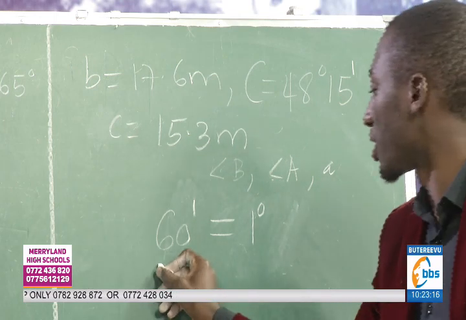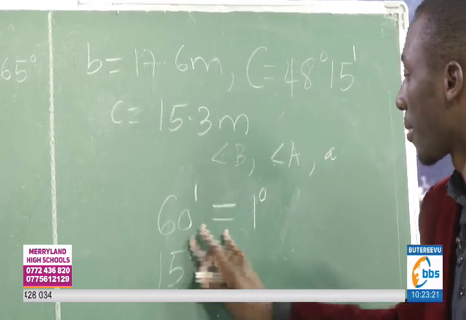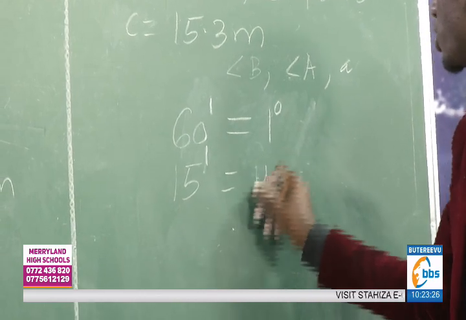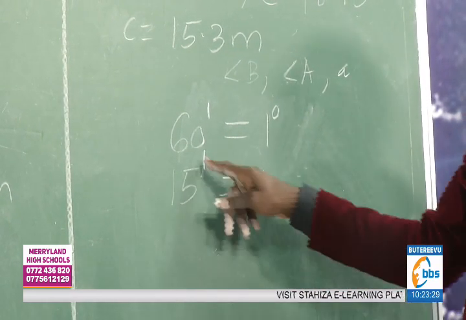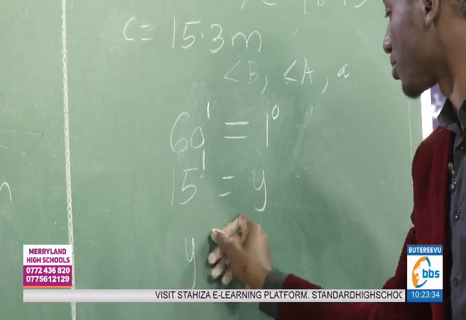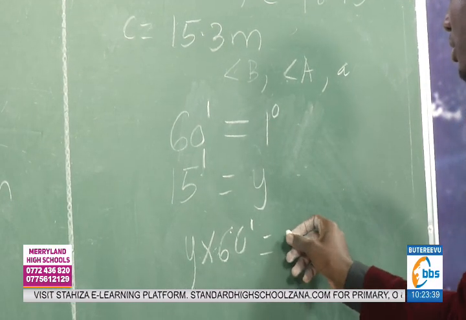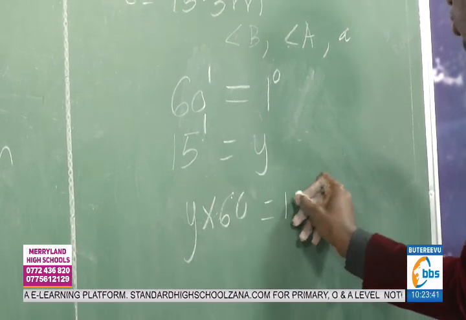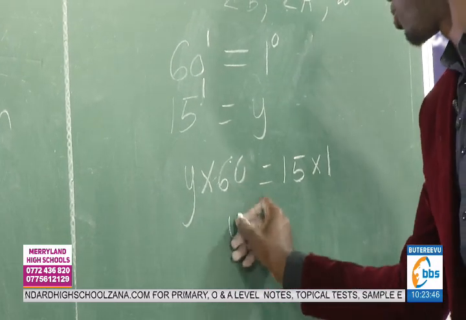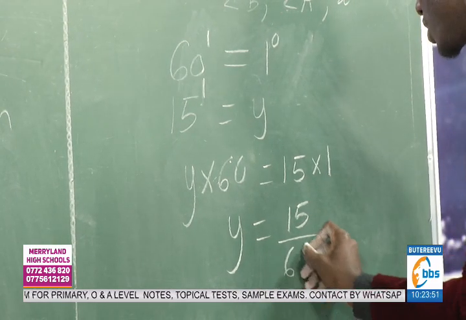So I have 15 minutes, and I can say this will be equal to x, or let me just call it y. Now I want to convert this to degrees. So you cross multiply: y times 60 minutes equals 15 times 1 degree. Then I divide by 60, so y is equal to 15 divided by 60.